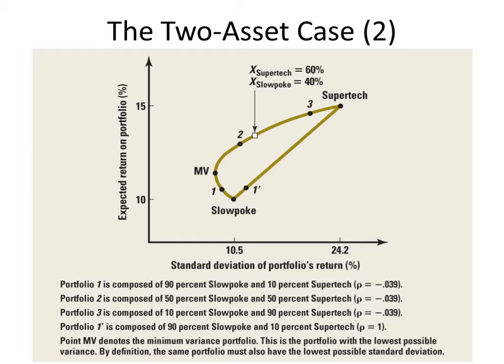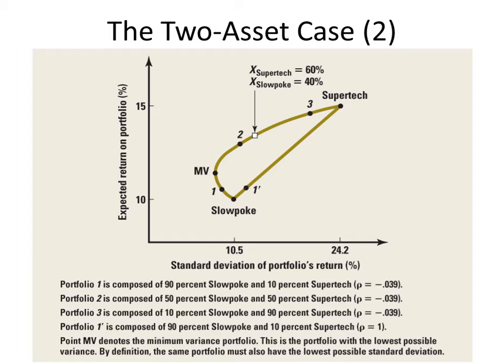Knowing that MV is the minimum variance portfolio, would you be willing to invest in portfolio 1? The answer should be no, and here's why. It has greater risk than the minimum variance portfolio, but it has lower return.